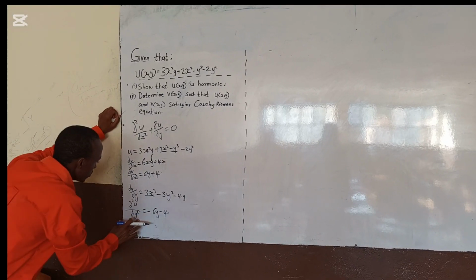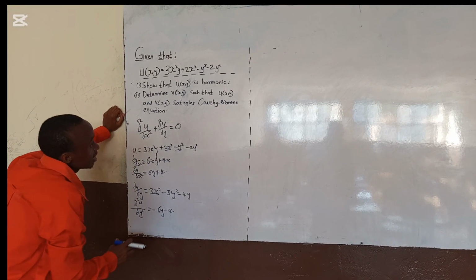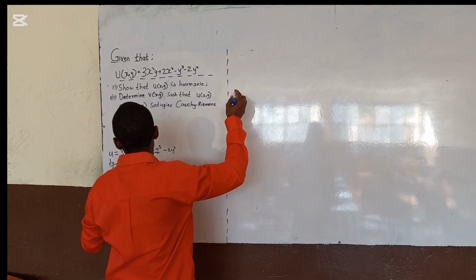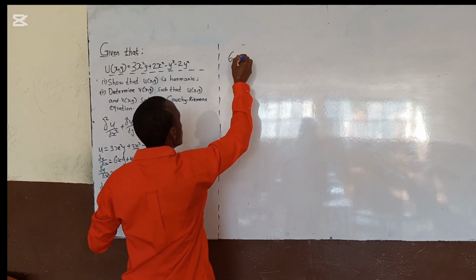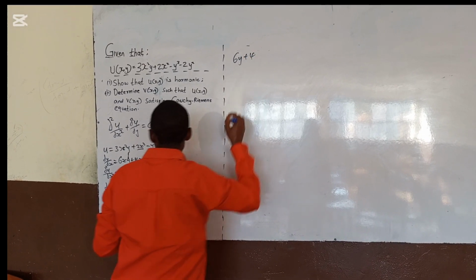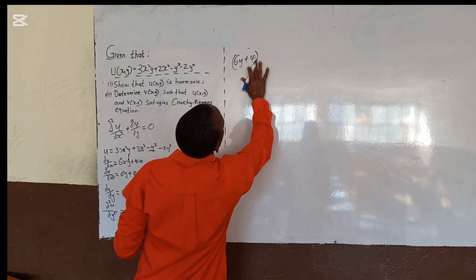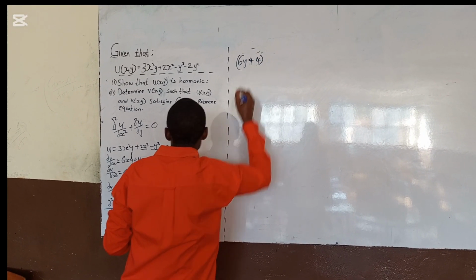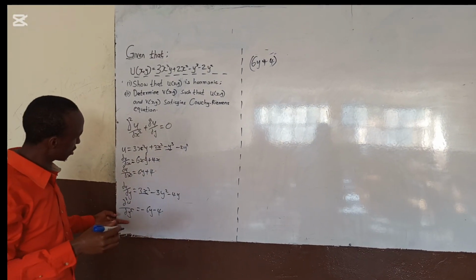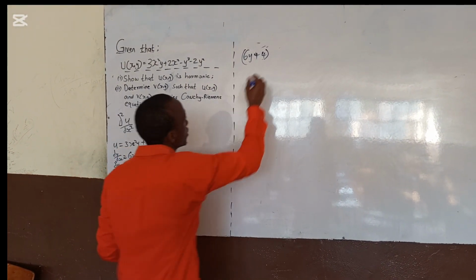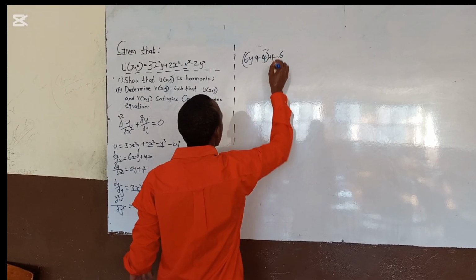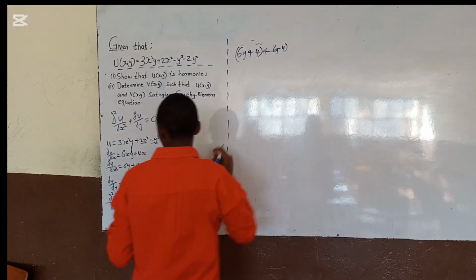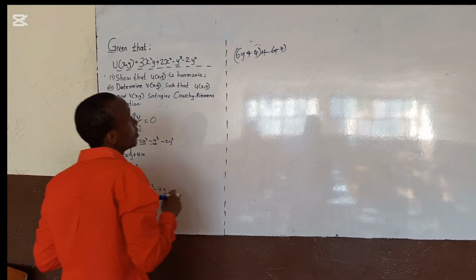We have 6y plus 4, then minus 6y minus 4.